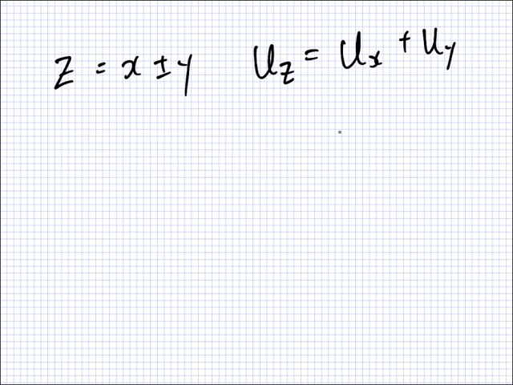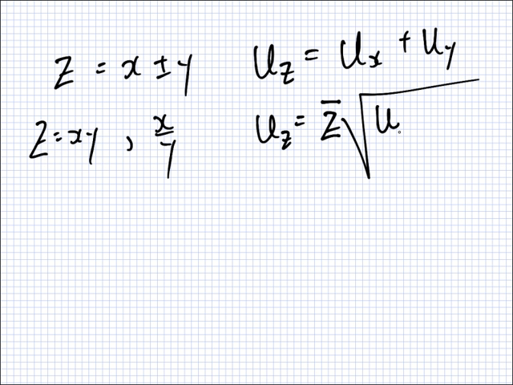The second one is if you want to multiply or divide. And here the rule is a little bit more complicated. It's your value for z, times the square root of uncertainty of x over x, squared, plus uncertainty of y over y, squared. Now, you actually do this formula with Lorraine.